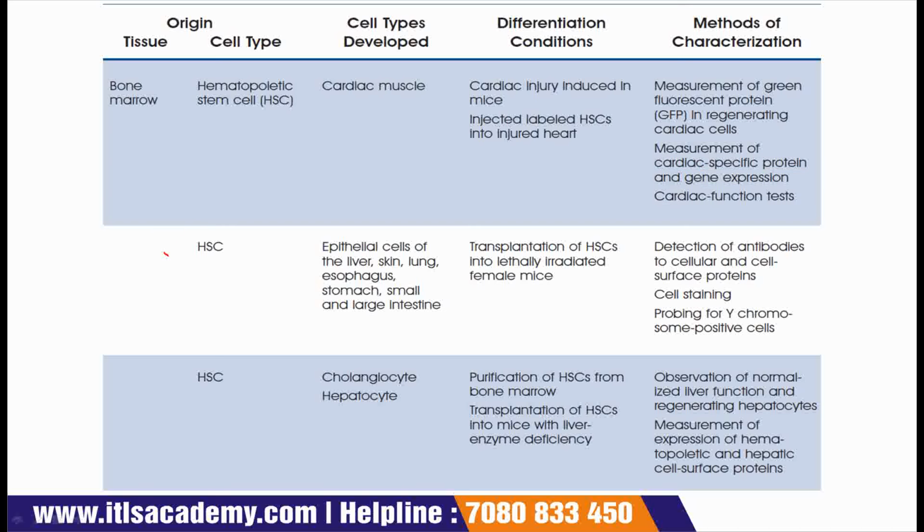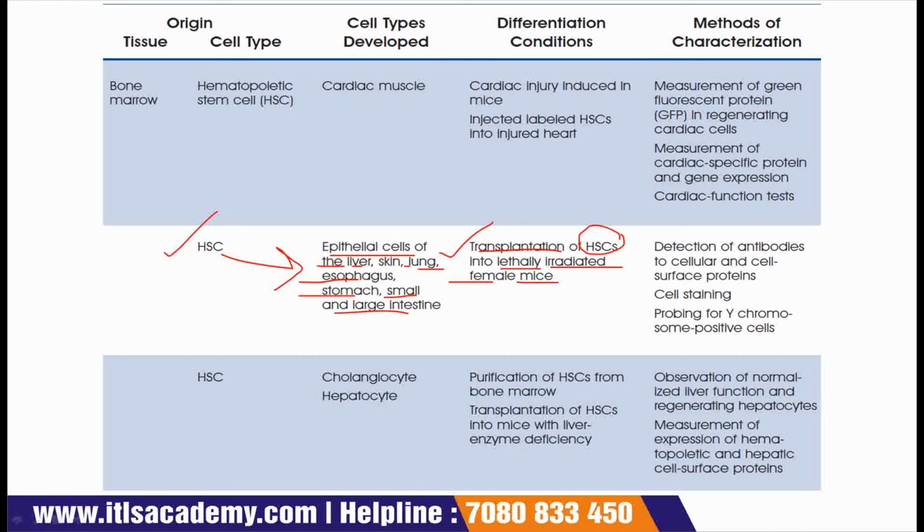Let us see some other cell types that are developed from hematopoietic stem cells. These are epithelial cells of the liver, skin, lung, esophagus, stomach, small and large intestine. These are also derived from these cells. These can be derived from the hematopoietic stem cells. For the differentiation, there will be transplantation of these cells into lethally irradiated female mice.